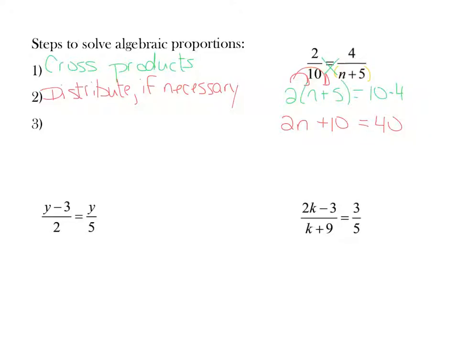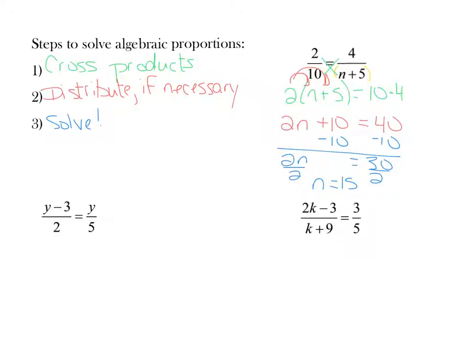After that, you're going to get some sort of equation, a one-step, a two-step. You're going to solve. So here I'm going to subtract 10 from both sides. I get 2n equals 30. I'm going to divide both sides by 2, and n is 15. Remember, we should be able to plug n back in and get a true statement.